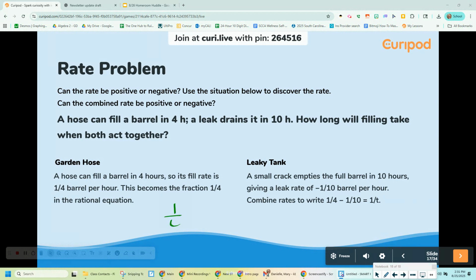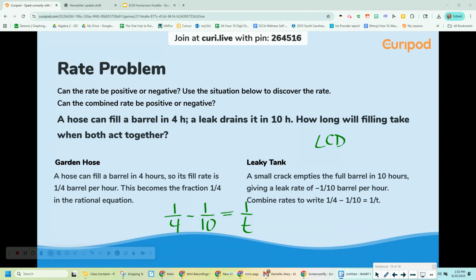So I have 1/4 minus 1/10 equals 1 over t. What is my least common denominator going to be? Let's do 20t, because that's the smallest multiple that they all can go into.